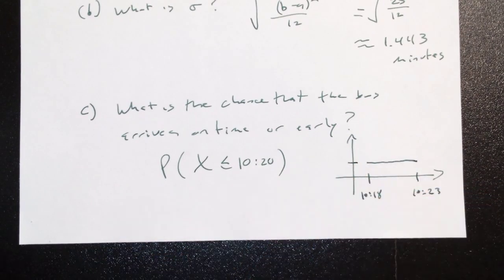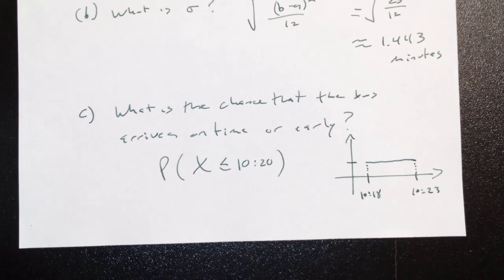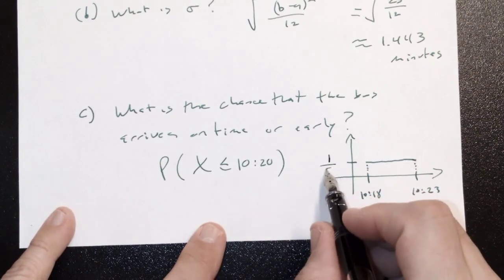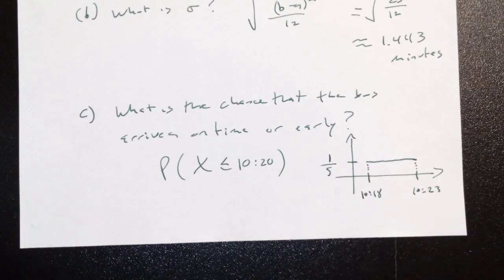And that means it's got a height. What's that height? Exactly, 1 over B minus A. Now, the piece I want goes from 10:18 to 10:20, right?